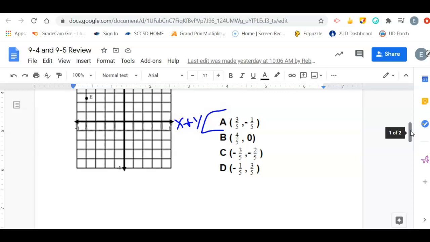All right, what did you come up with? Reflection across both X and Y. Annabella? Negative 3/5, comma, 4/5.